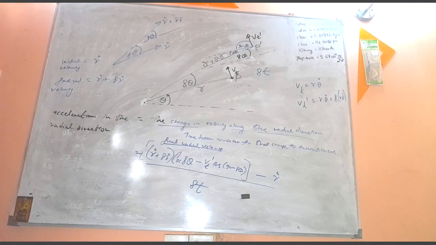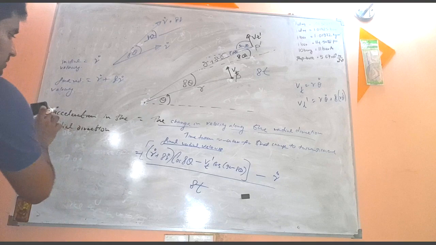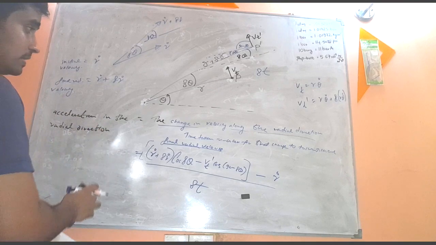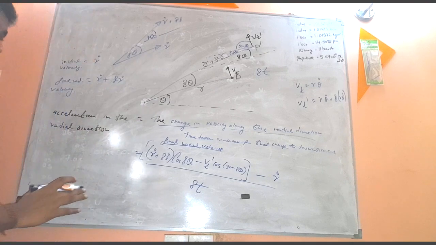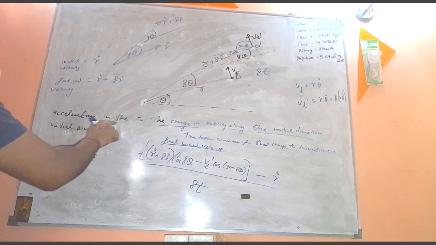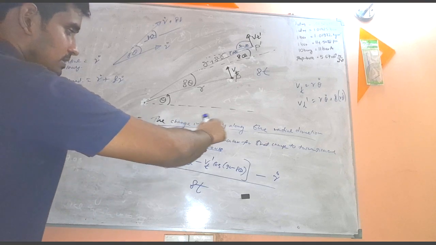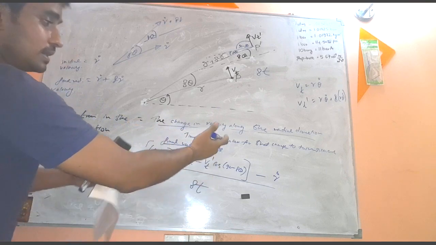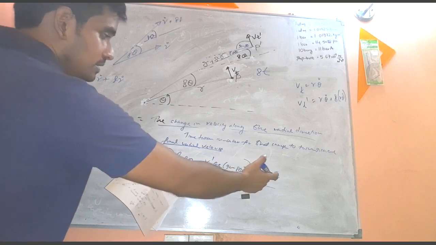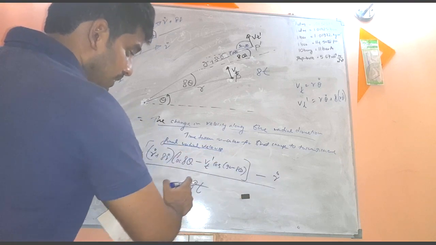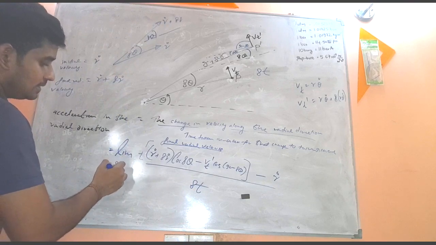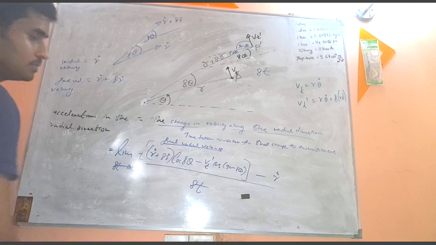Now I will erase this part. Acceleration in the radial direction is the change in velocity divided by delta t. We have taken the components, so the final velocity minus the initial radial velocity, divided by delta t. Now we have to take the limit of this, as delta t tends to 0.